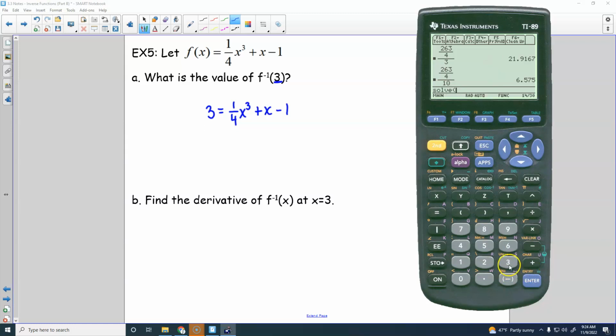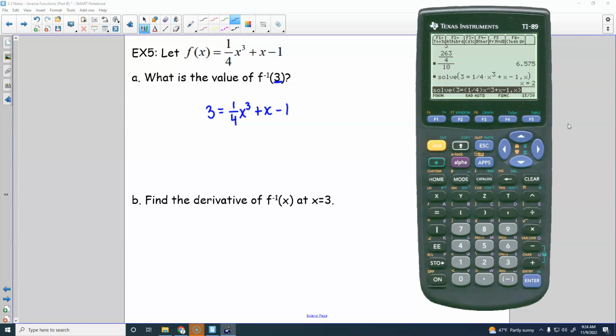You're going to solve 3 equals 1/4 x to the 3rd plus x minus 1. What do you have to put at the end? Comma x. And it's going to give you 2. Guessing and checking is perfectly fine. So if you see it, just go ahead and do it, right?